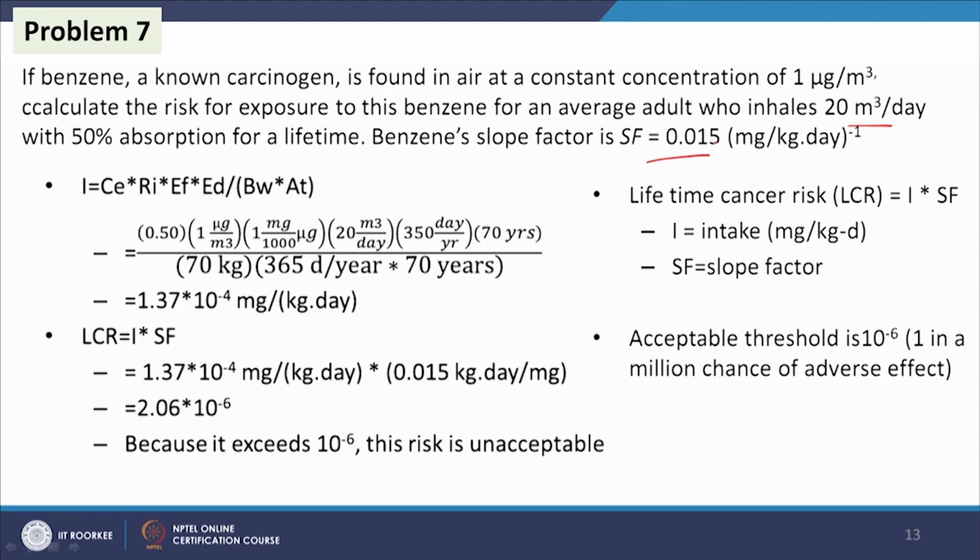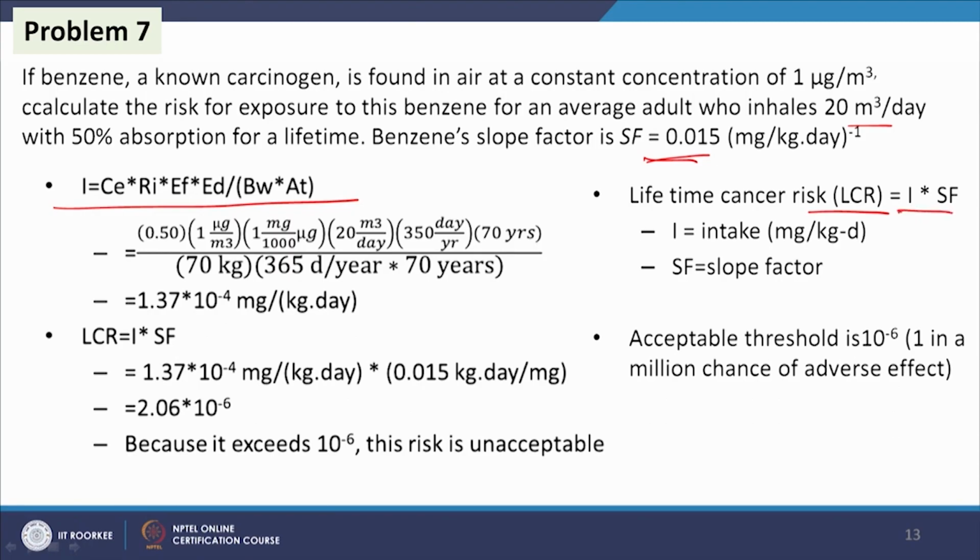So, this is again another problem related to risk analysis, and we have this expression I equal to C into R I into E F into E D by B W into A T, and this may have a carcinogenic effect. So, risk we can calculate with the help of SF, that is the slope factor, and that is lifetime cancer risk, LCR, equal to I into SF.